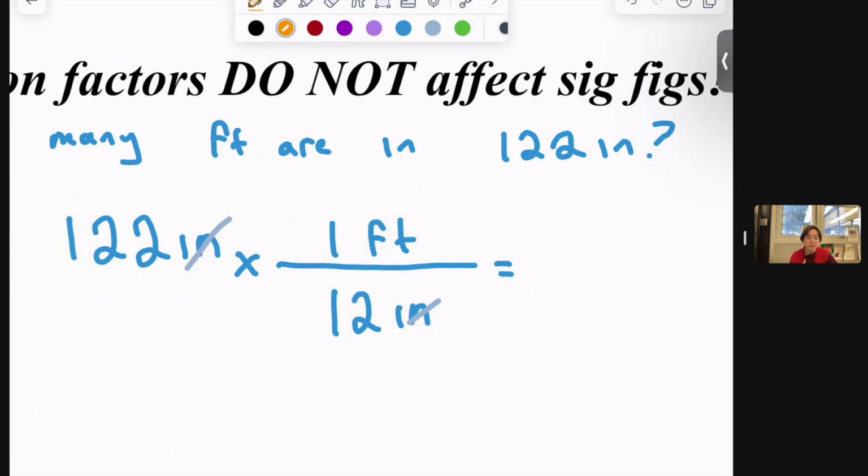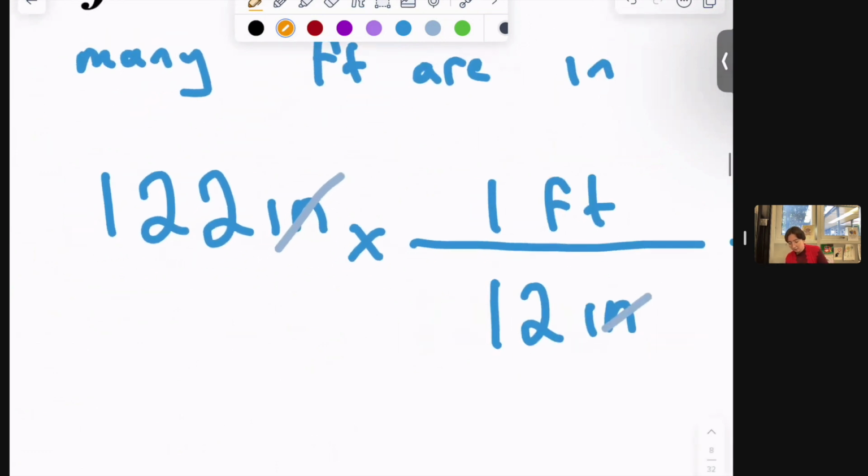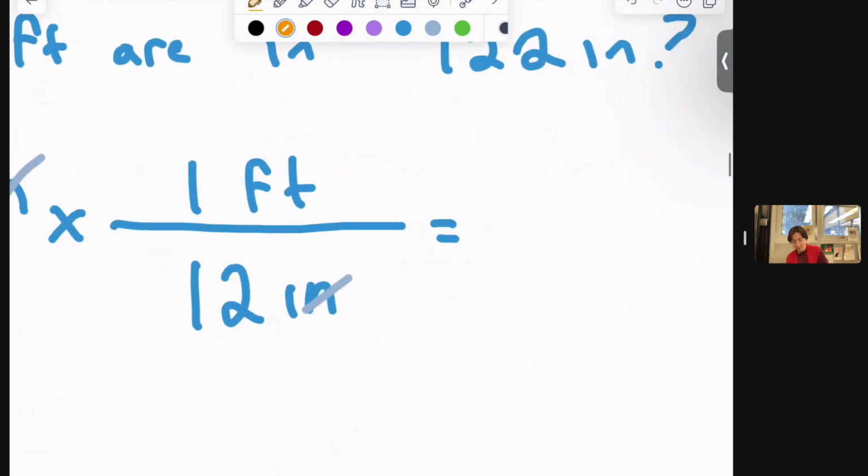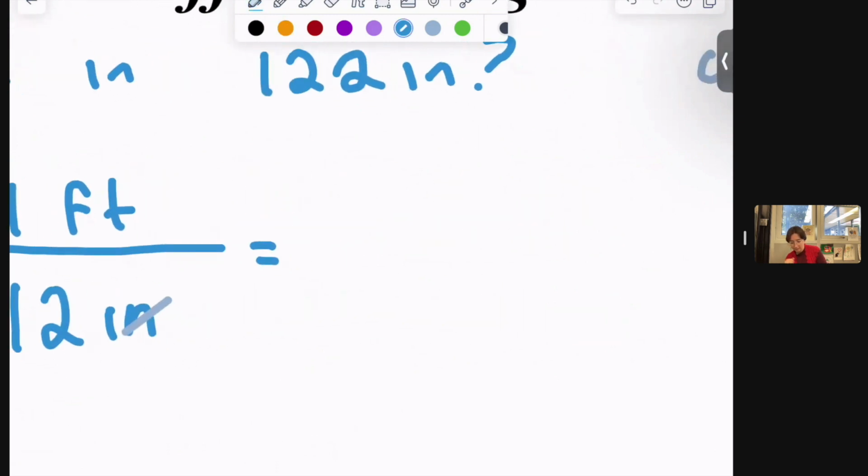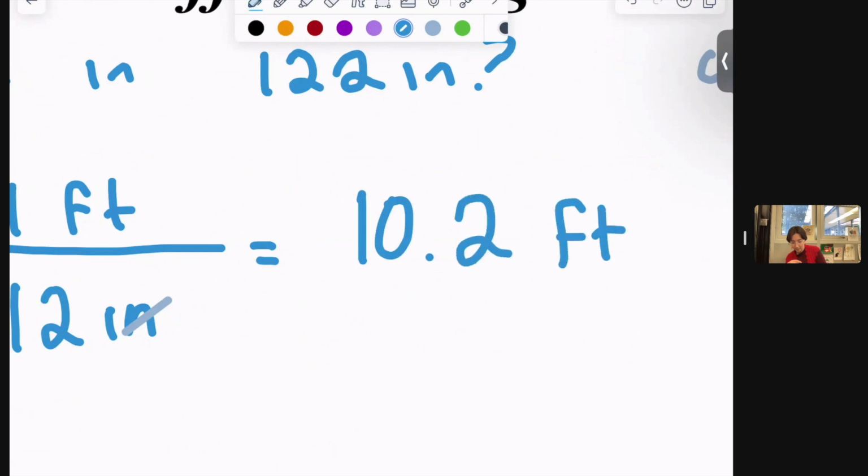It's basically because the conversion factor is usually pretty precise or pretty exact. It just isn't a factor. We only care about the precision of our starting numbers. So this has 3 sig figs. So I'm going to want to make sure my answer also has 3 sig figs. 10.2 feet. 1, 2, 3 sig figs.